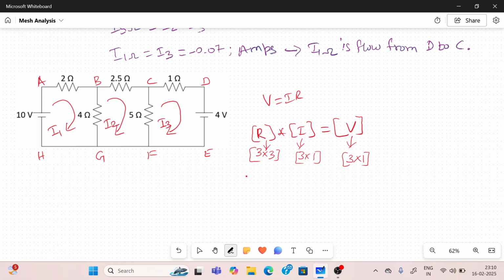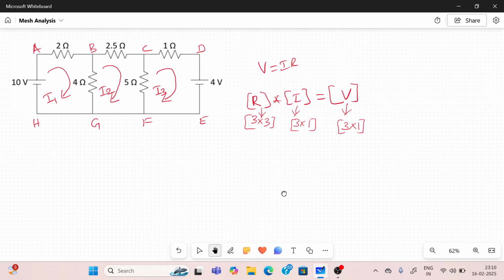Now we are going to form the matrix. First we have to form the R matrix.